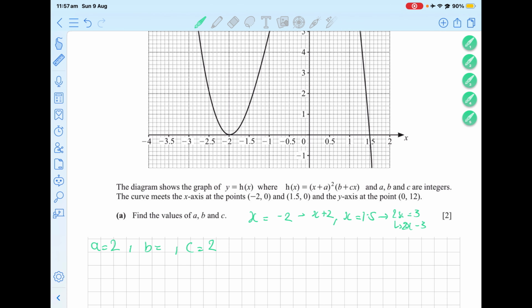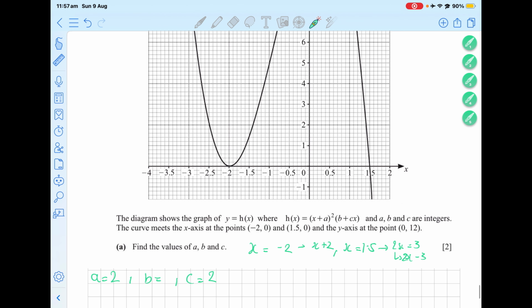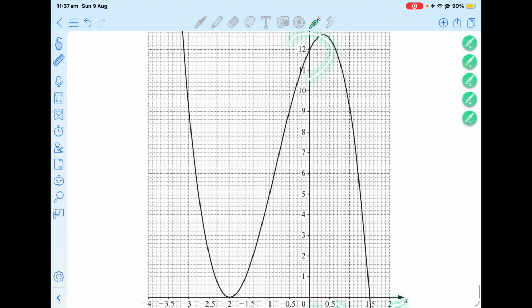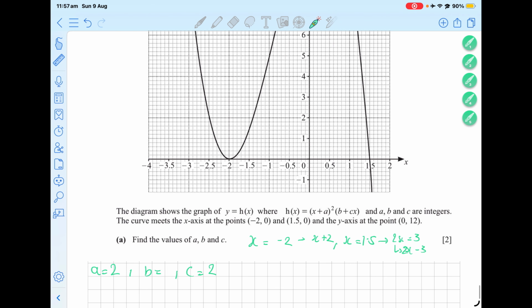X equals 1.5, so 2x minus 3 is the factor. So when you put x 0, this is -3 into 2 squared, and -3 times 2 squared is -12. It's not 12, and here they have 12. So either, and what type of graph could this be, really?